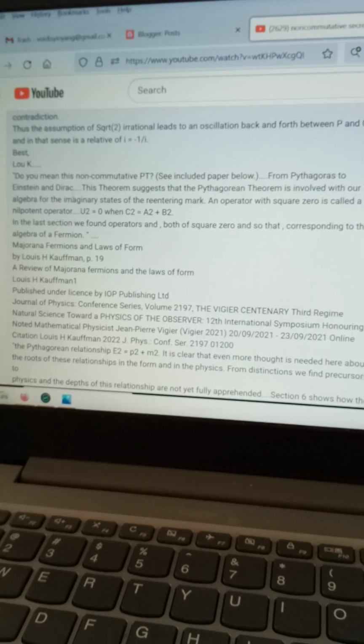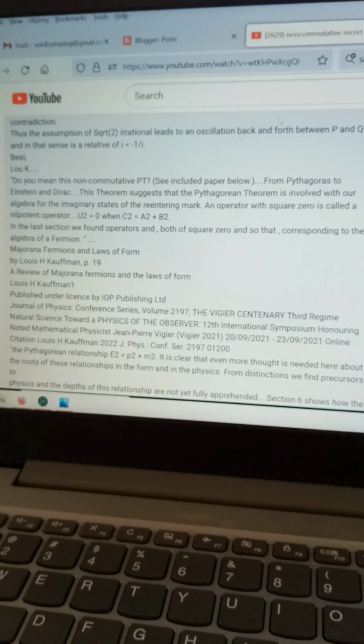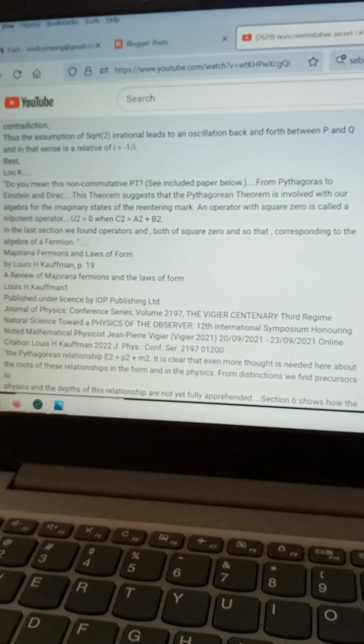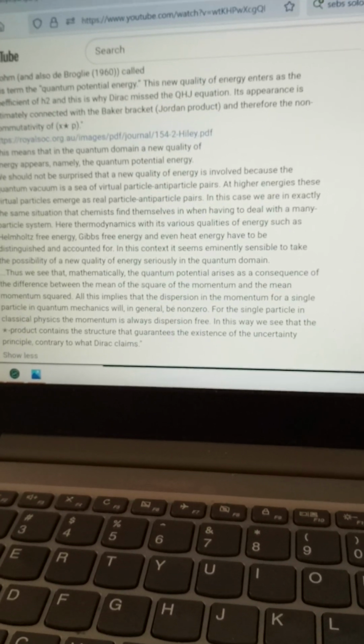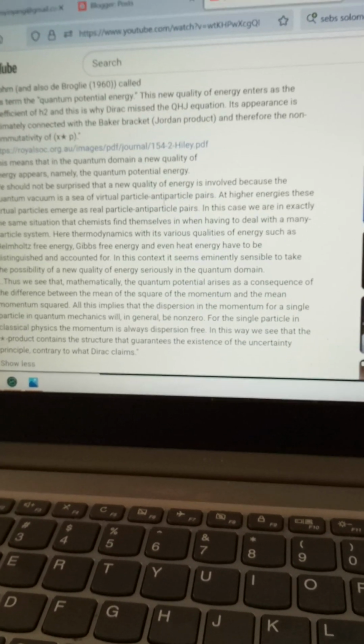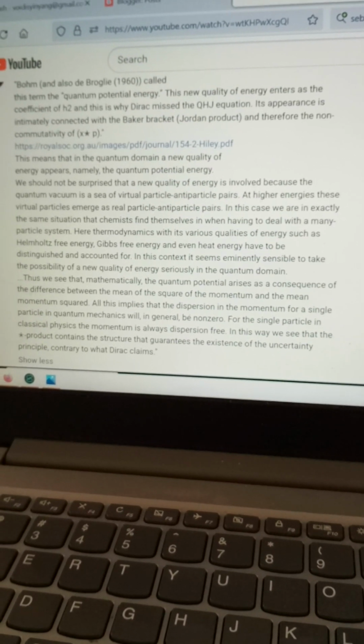And then Archytas said the octave as 2 is equal to the geometric mean squared. So think about this. We're having the geometric mean squared, which in fact is the same issue here of the quantum potential, which arises as a consequence of the difference between the mean of the square and the mean squared.